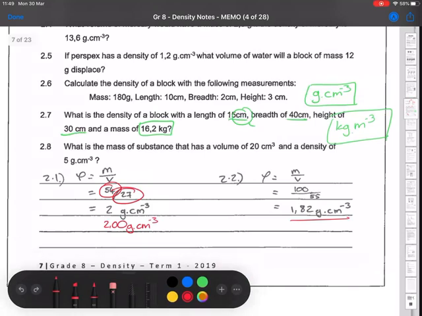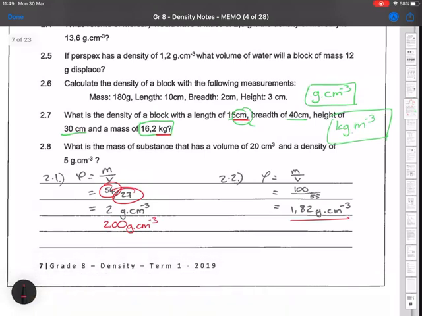Alright, so because you've got centimeters cubed and kilograms, you need to convert either the centimeters to meters or the kilograms to grams. Let's convert kilograms to grams. So kilo means times 1,000, so 16,2 times 1,000 will give us 16,200 grams.